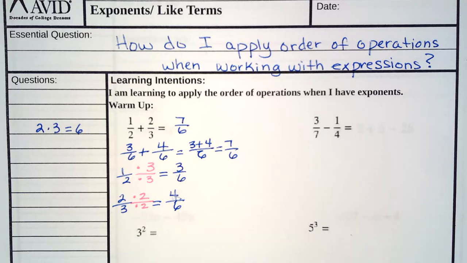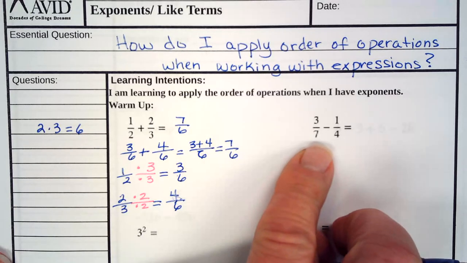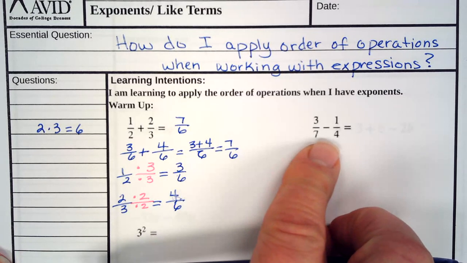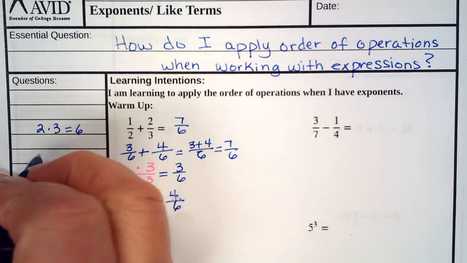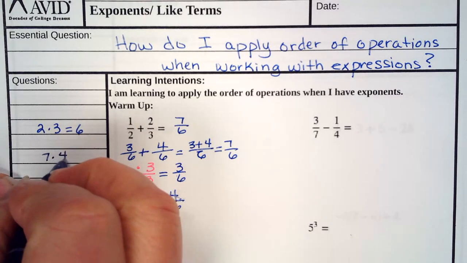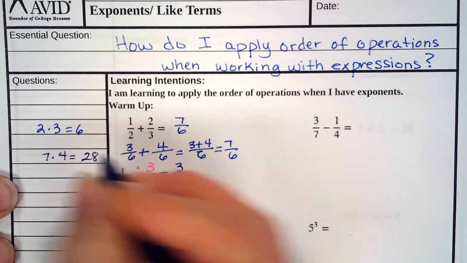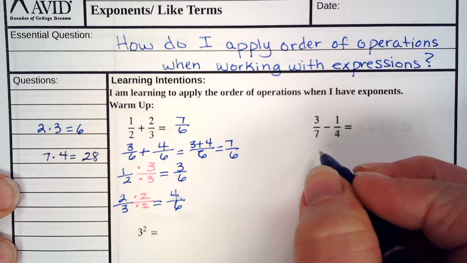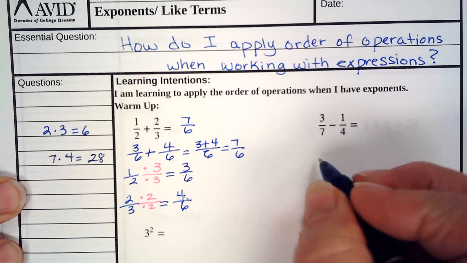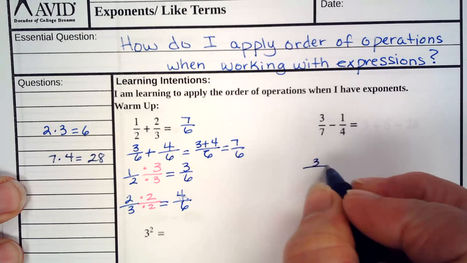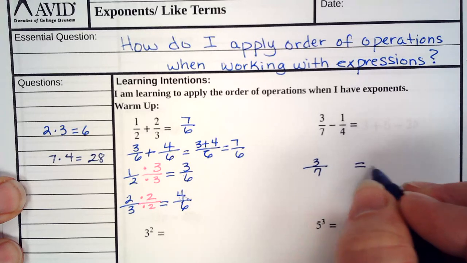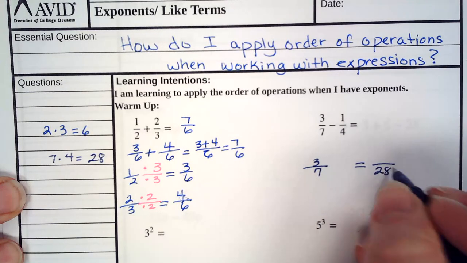Okay, once again, I'm trying to figure out what can I have as my common denominator here. 7 is a prime number, so I'm going to take 7 times 4 and I get 28. So both of these will be over 28. 3 over 7 equals what over 28?